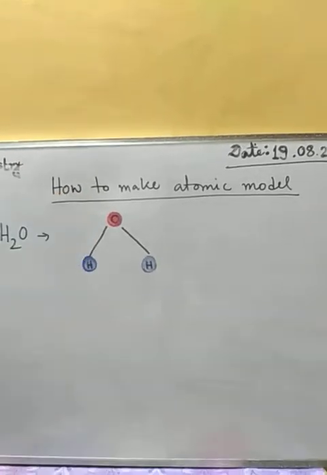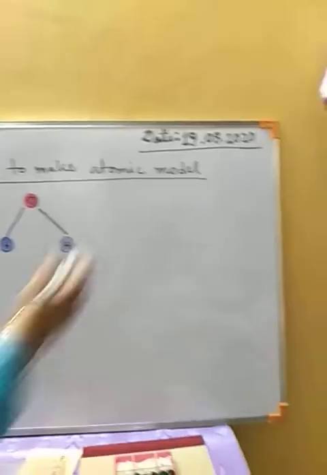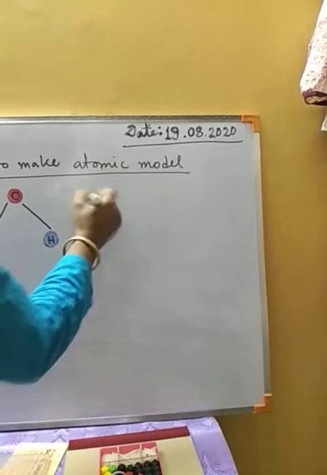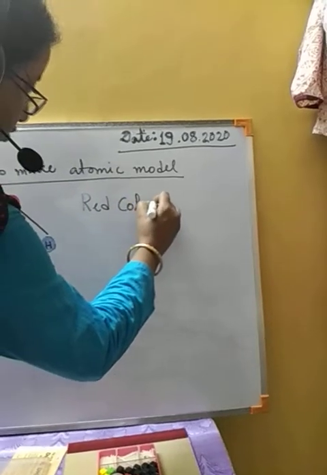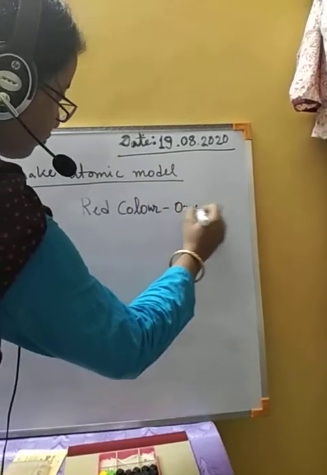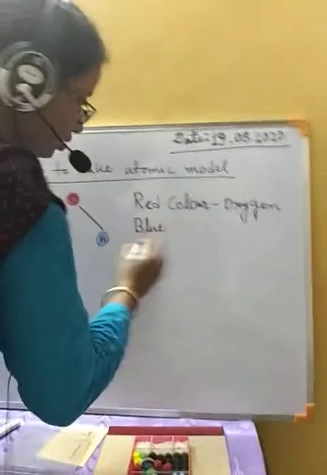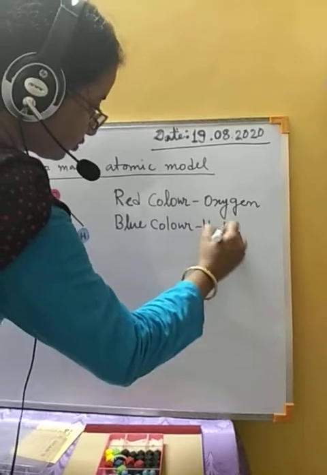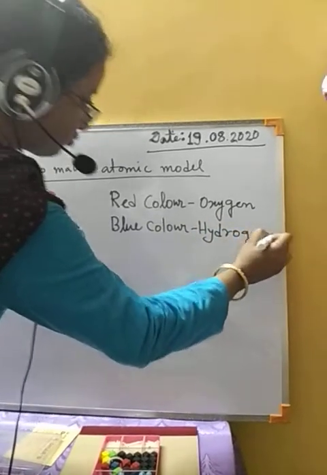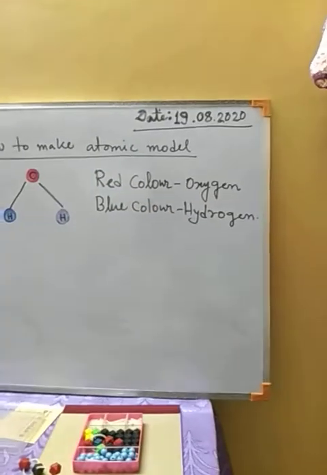Okay, for oxygen we are using red color, and blue color for hydrogen. Okay, red color for oxygen and blue color for hydrogen.